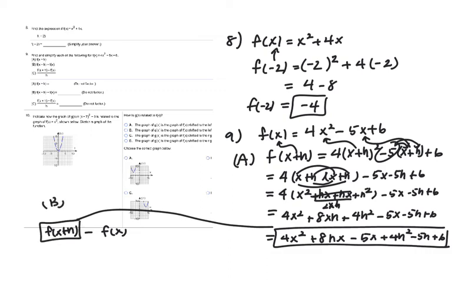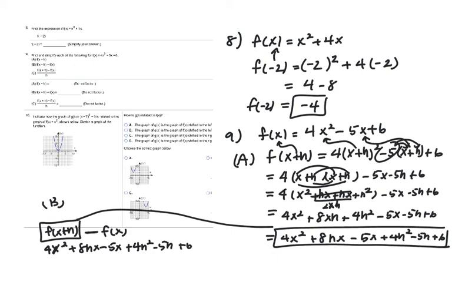This will be part B. We have 4x squared plus 8hx minus 5x plus 4h squared minus 5h plus 6.